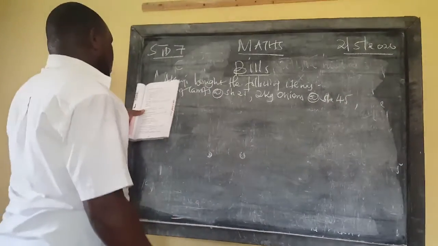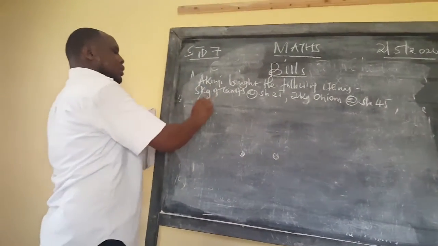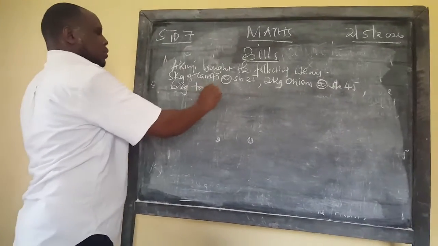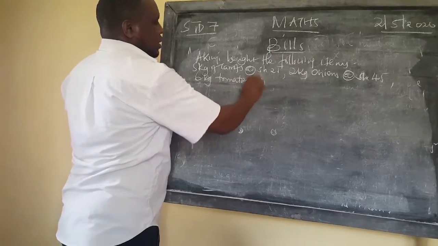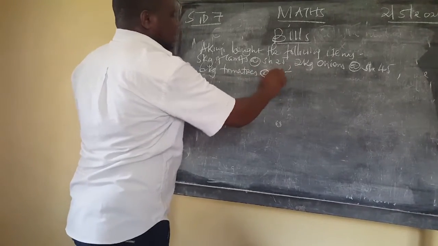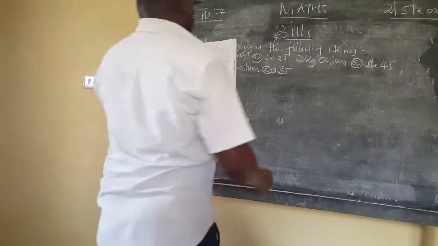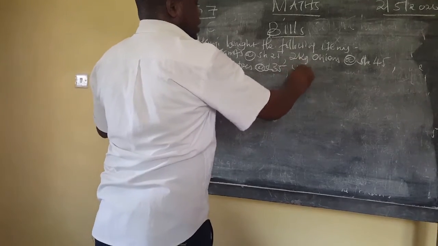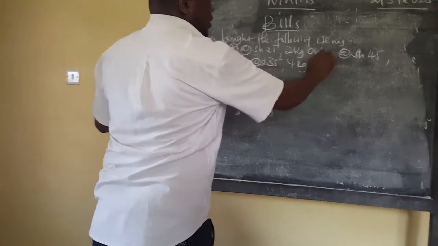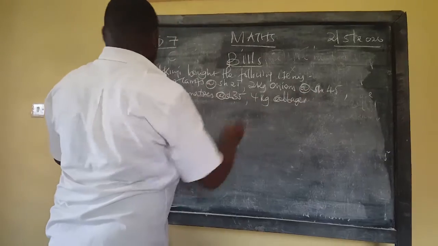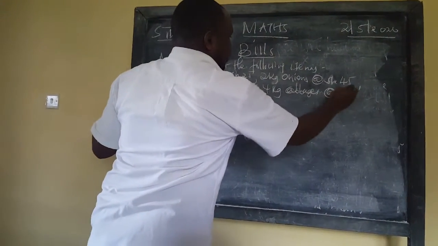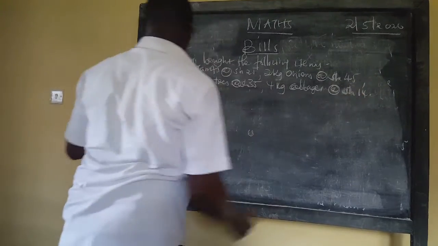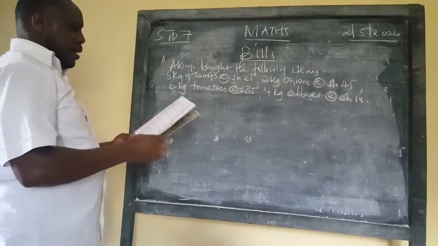She also bought 6 kg tomatoes. This was at 35 shillings. Then 4 kg cabbages at 14 shillings. The question is, prepare her bill.